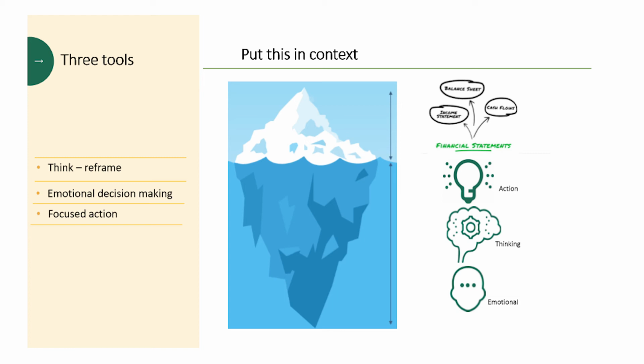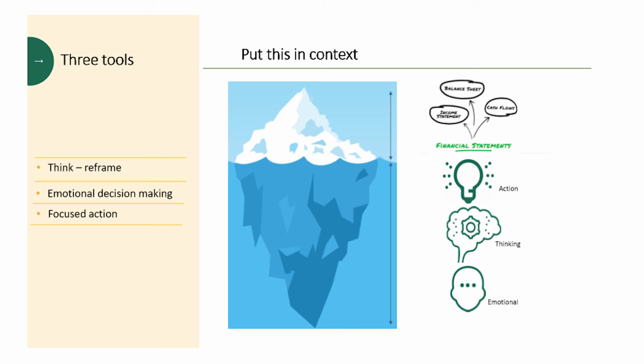But below the surface are the 3 tools that we talked about. These are your action tools, your thinking tools, and your emotional tools. These are not visible. These are things that are well below the surface, but they make up, depending on the size of your iceberg, 80 or 90% of the opportunity and all the problems you have to solve.